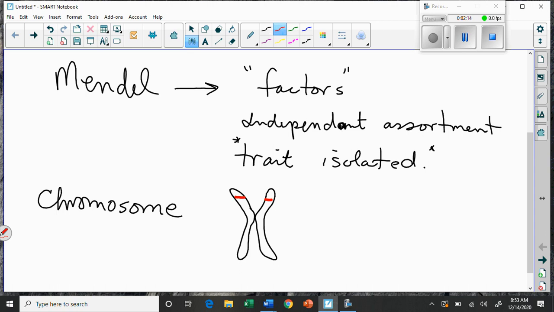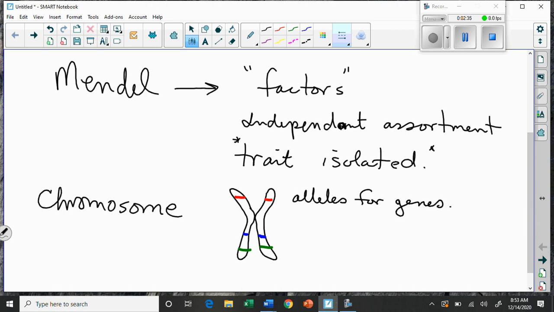And we have these spots all over here. We'll draw a couple just for fun. These are regions on the chromosome, and these, of course, are what we call the genes. These are the alleles for genes.